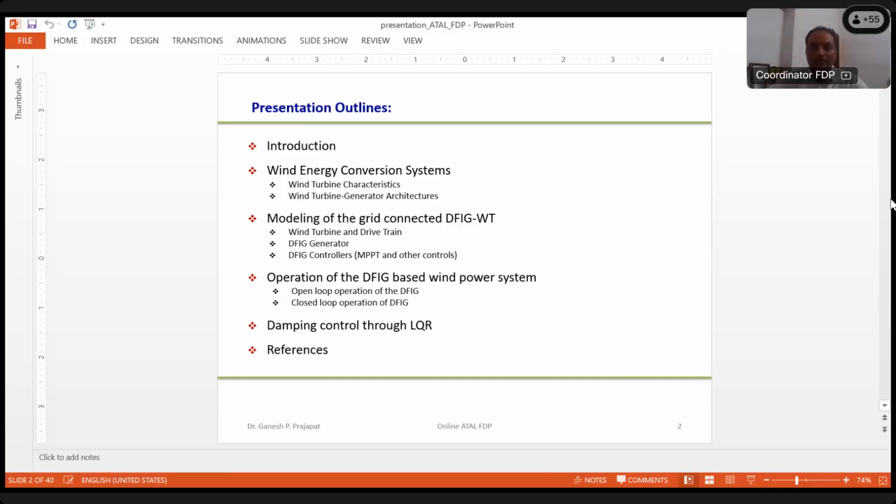Then later I'll present some stability analysis, or I must say small signal stability, of a doubly fed induction generator type of wind power system. And then I'll discuss an advanced way, that is the optimal control, which is basically linear quadratic regulator control of the wind power generation system. So these will be the outcomes of my presentation for this session.